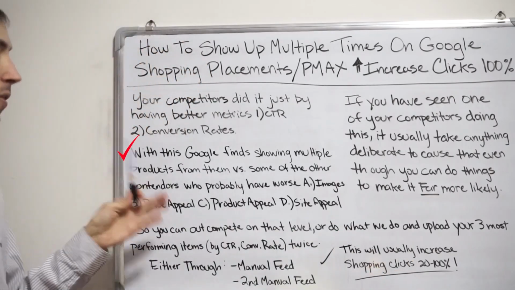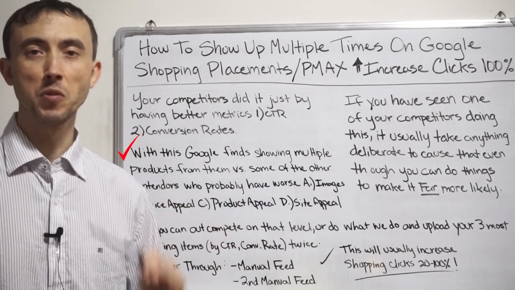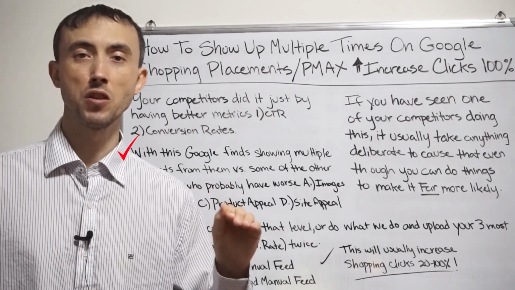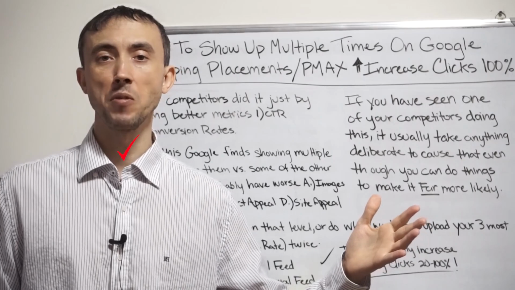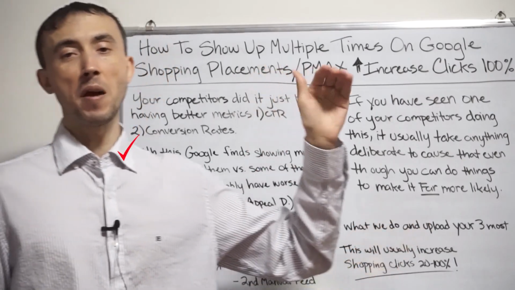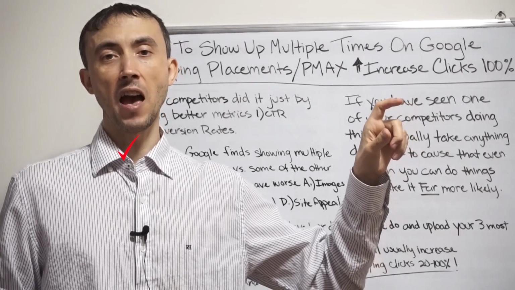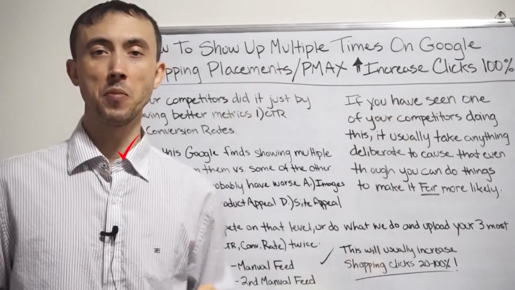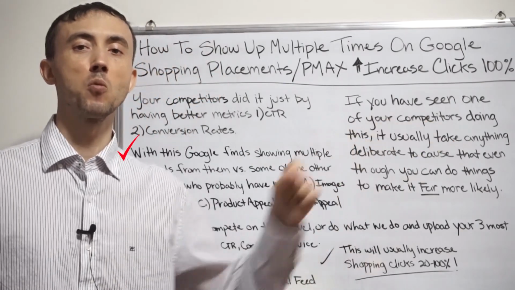So with that, they're measuring, are you above average, are you at average, are you below average? If you're below average, they start showing you less. If you're average, they might show you one shopping ad in the shopping space. If you're above average, they might experiment with showing 2 or 3 different ads in the shopping space being your company's products. They'll show multiple of your products there instead of just the one.